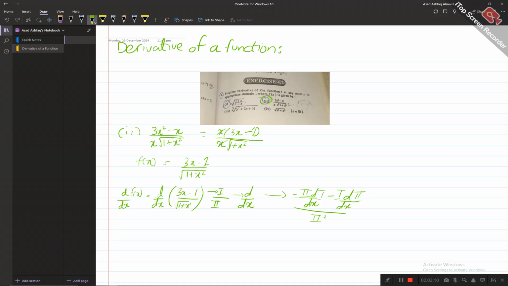So here the first term is 3x minus 1 and the second term is square root of 1 plus x square. These are our first term and second term. Now we apply the derivatives in our second step.